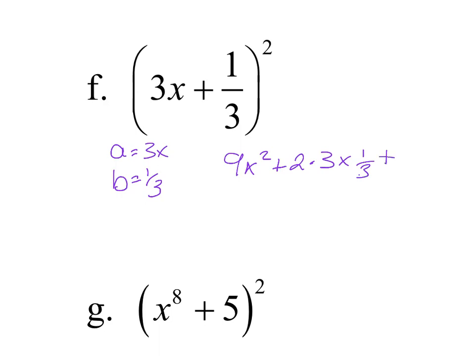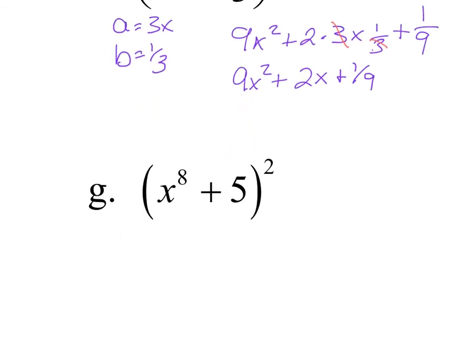Now 1/3 squared, 1 squared is 1. 3 squared is 9. Pretty simple. All right, so simplify 9x squared plus 2 times, well, notice that my 3's cancel. So I have just 2. So it's 2x plus 1/9. And we're done. That's simplified.